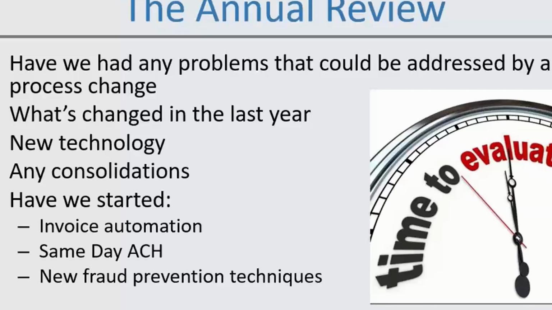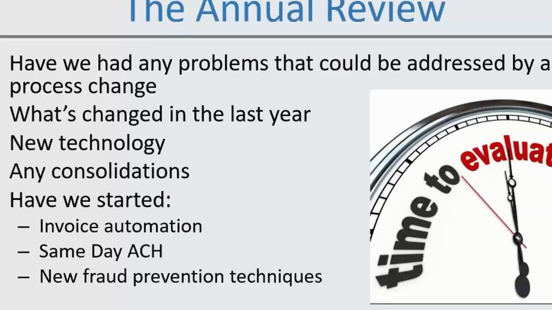Have you adopted an invoice automation module? Was there a new fraud that you had to change your processes to protect against? As we had to, for example, when we started doing all those verifications on change of email address and bank account emails, those emails regarding change of bank accounts. So you'll start to go through and you'll find stuff like that.